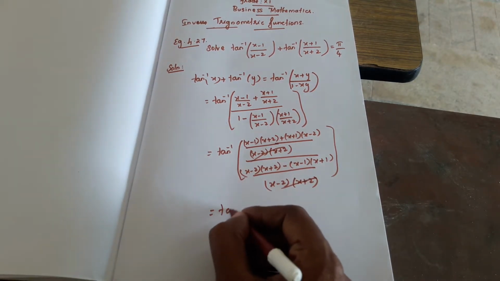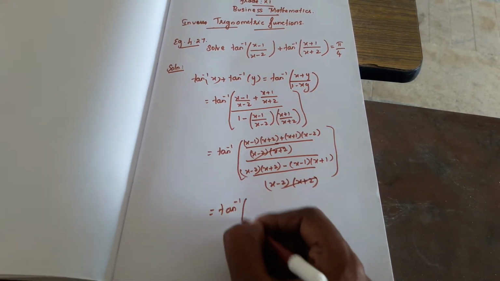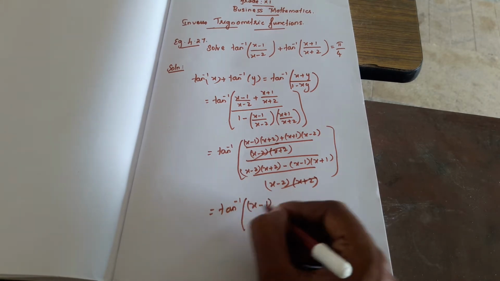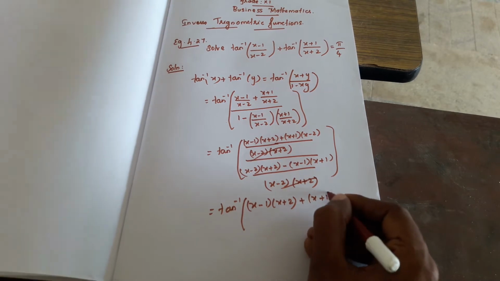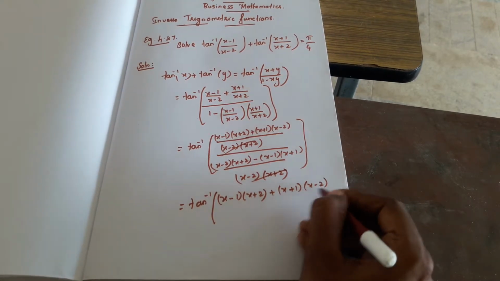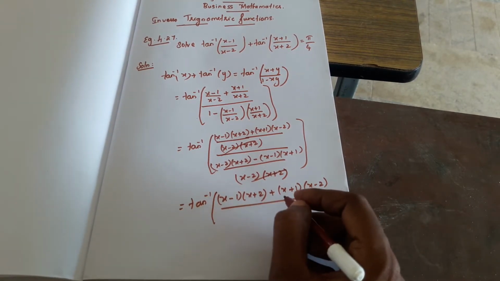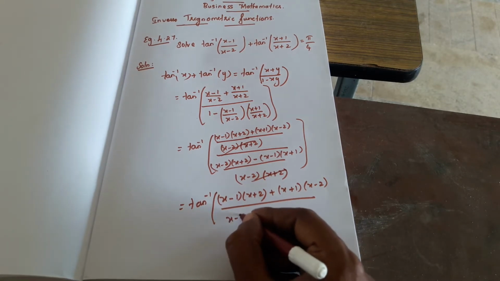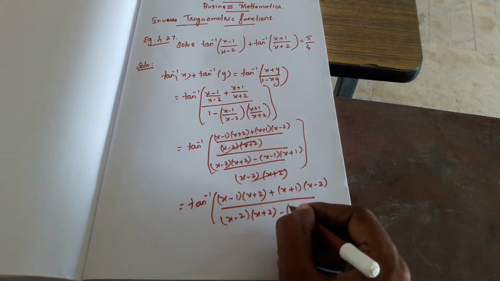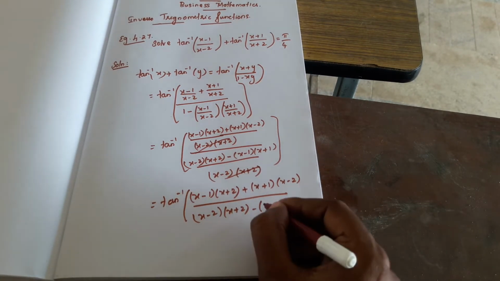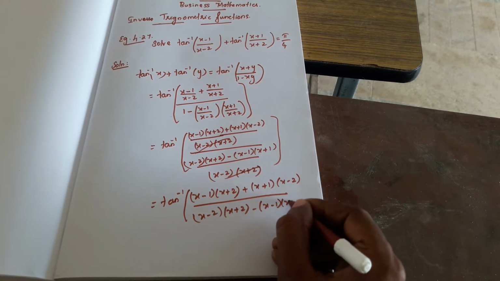So what's the balance? Tan inverse of (x minus 1) into (x plus 2) plus (x plus 1) into (x minus 2), divided by (x minus 2) into (x plus 2) minus (x minus 1) into (x plus 1).